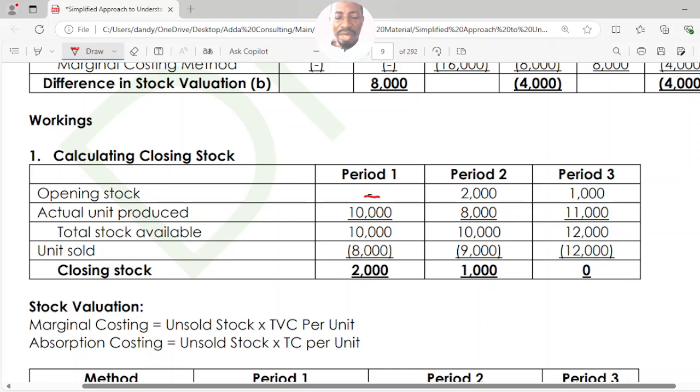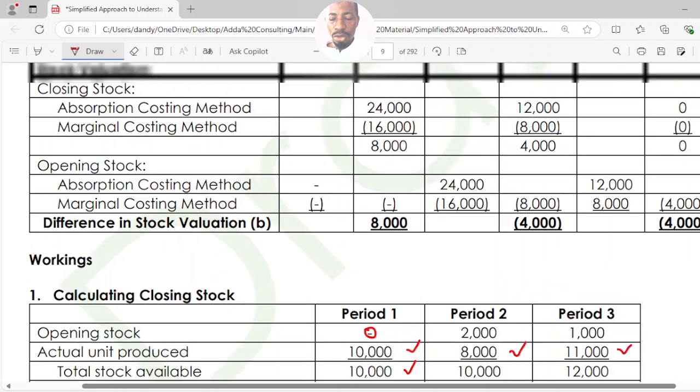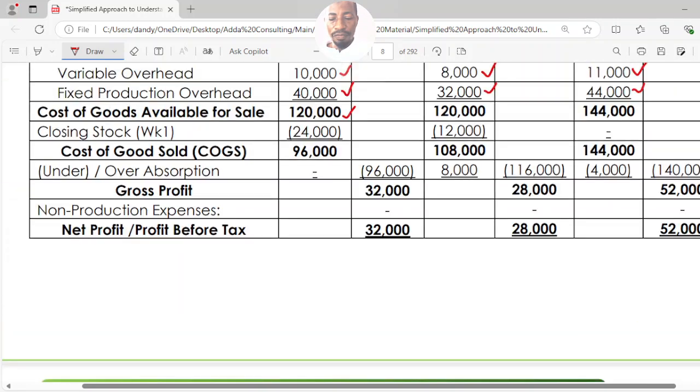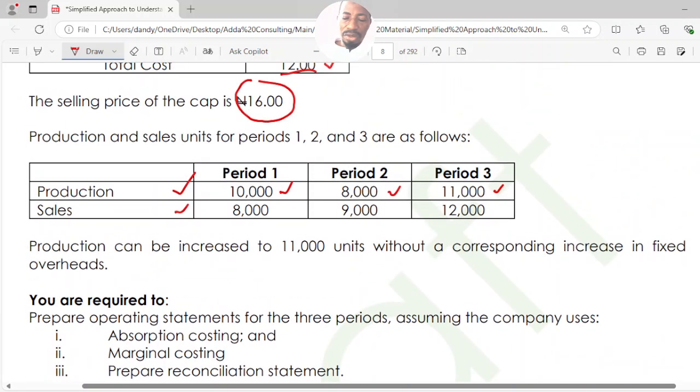In the first period, there was no opening stock in units, so you put a dash. Then in the first year, actual units produced was 10,000. In the second period, 8,000 units were produced. In the third period, 11,000 units were produced. Then, of course, you add it up with the opening stock. This will be 10,000. Let me just put 0 here. In the first period, 8,000 units were sold, 9,000 units in the second period, and 12,000 units in the third period.